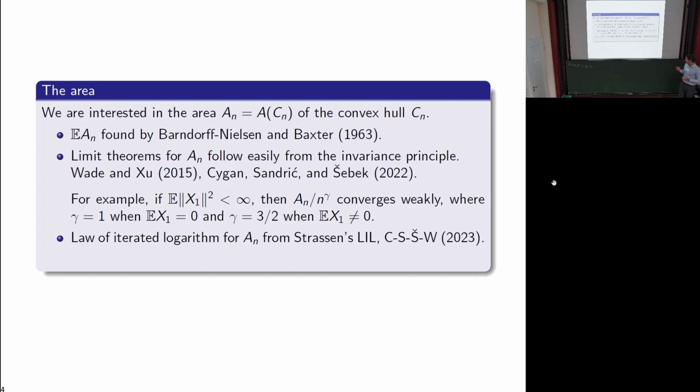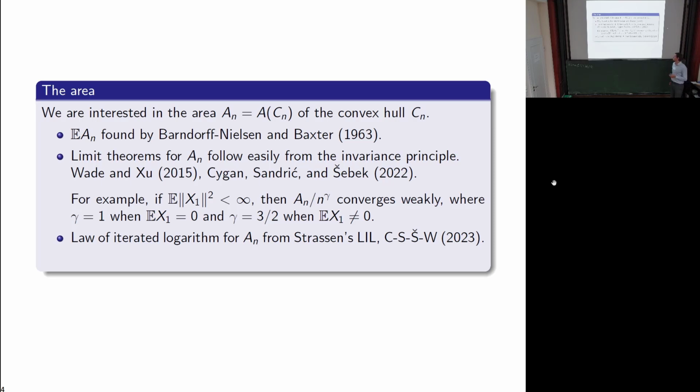For example, if the walk has zero mean, then the convex hull extends in square root of n in one direction, square root of n in another direction. So the area scales as n. And if the mean is non-zero, the random walk extends in the order of n in one direction and in the order of square root of n in the second direction. So it's n to the 3/2. So the scaling is pretty natural.